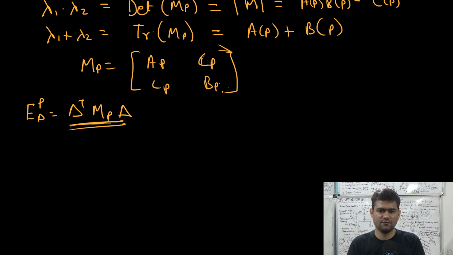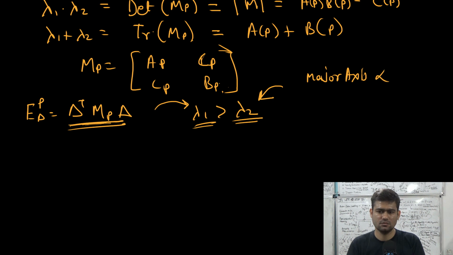Suppose lambda 1 is greater than lambda 2. Then the major axis would correspond to lambda 2 and the minor axis to lambda 1, so the length of the major axis is inversely proportional to lambda 2, and the minor axis is inversely proportional to 1 over lambda 1.